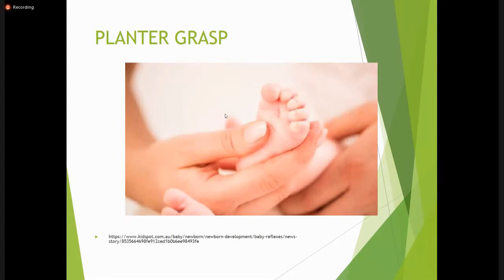Then the plantar grasp: when you put your finger and move it from the sole of the foot towards the toes, then you can see there is flexion of the toes. So this is termed as the plantar grasp.